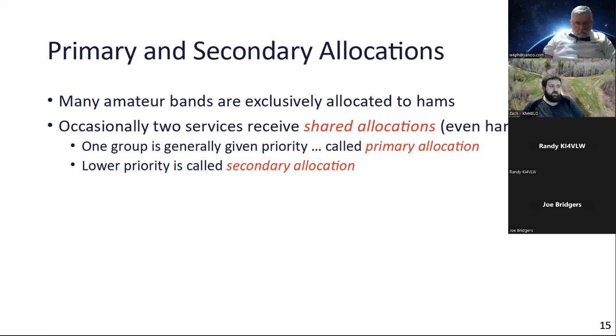Typically, one group is given what's called a primary allocation, which means they're the main ones that have permission to be there. And then the other groups are given what's called a secondary allocation, which means that they're allowed to be there as well, but they have to give priority to the primary allocation.